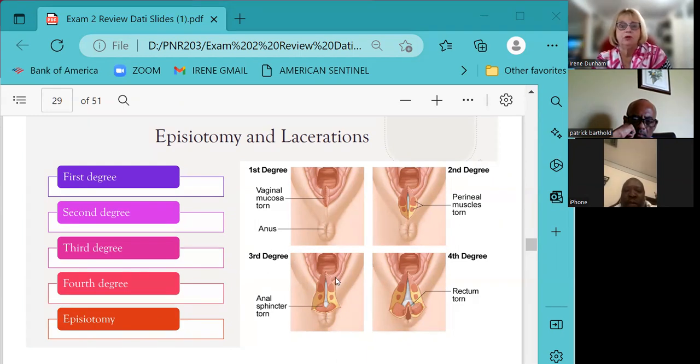If she doesn't have an epidural, she has to please have a pudendal. And then you have a fourth degree. So the fourth degree is the vaginal mucosa, the perineal muscles, the anal sphincter, and it goes all the way back to the rectum. We call this like a C-section from below, because it's wide open.